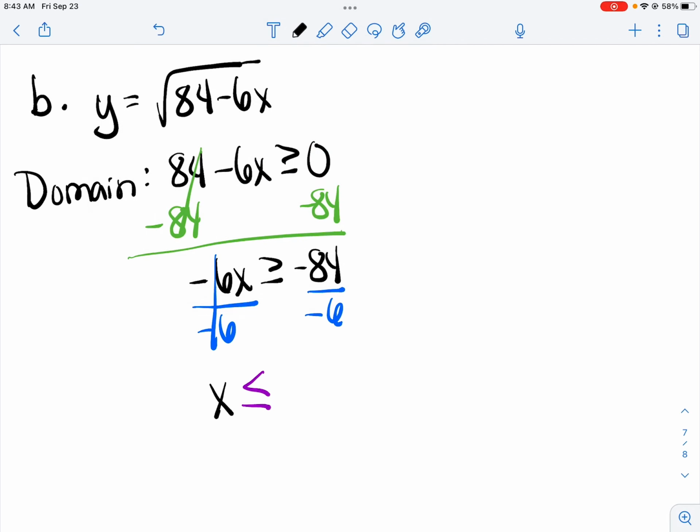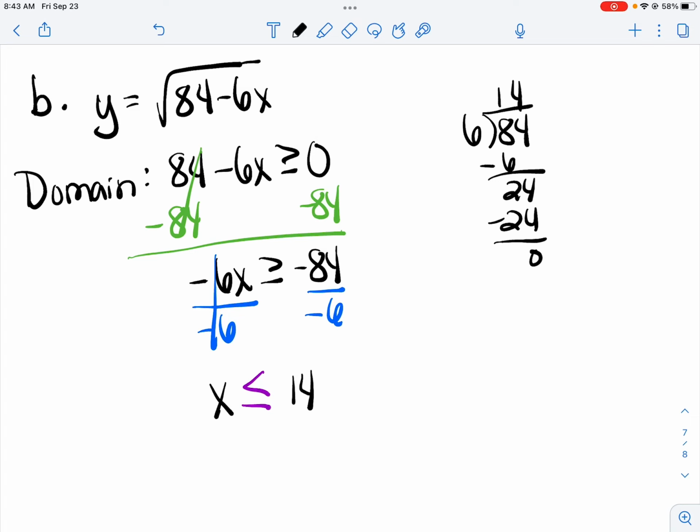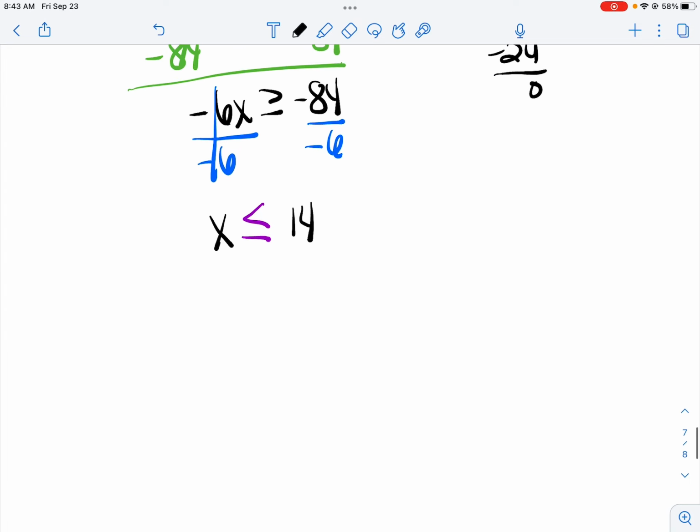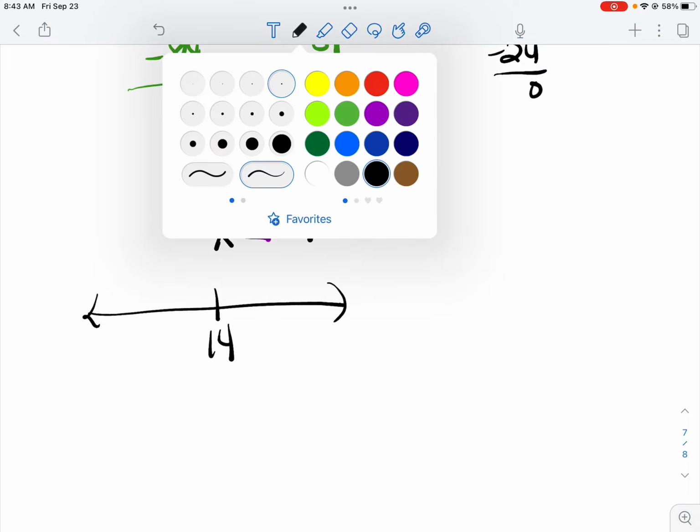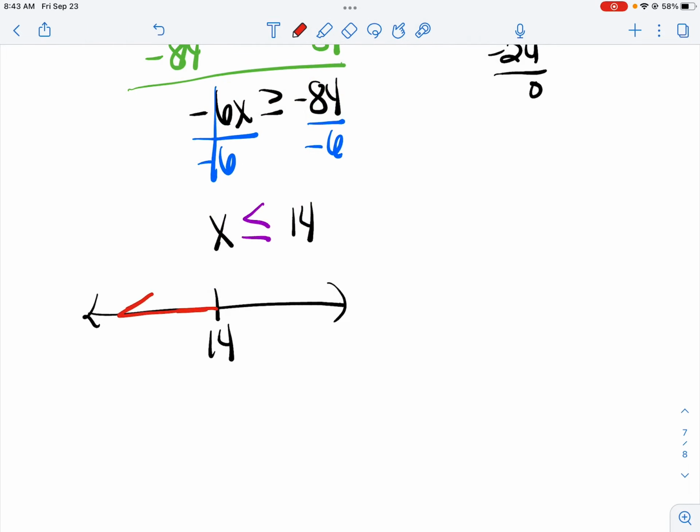And 84 divided by 6 would be 14. Put your 14 on your number line. We have a less than, so we shade to the left. And we have a bracket because of the equal to. And so our domain, the arrow points to the left, is negative infinity to 14 with a bracket.